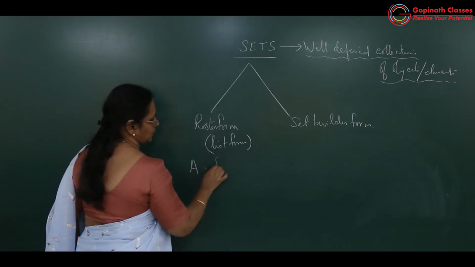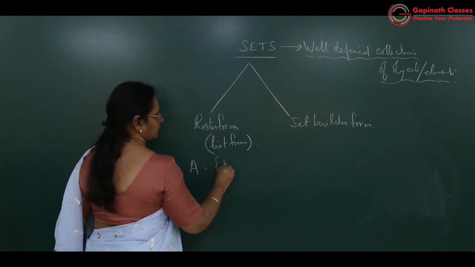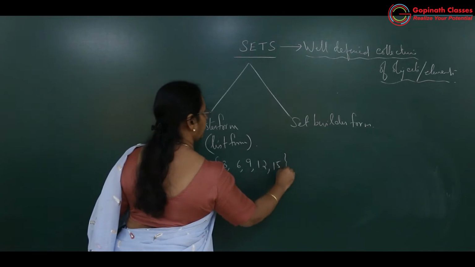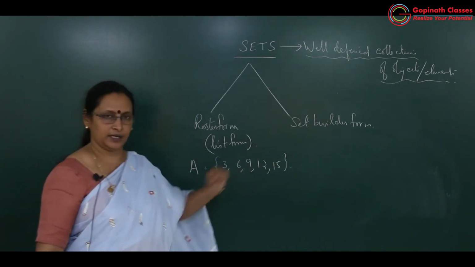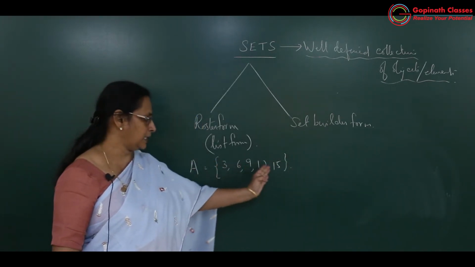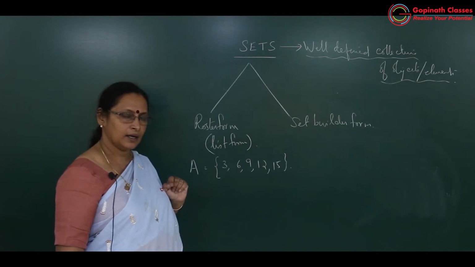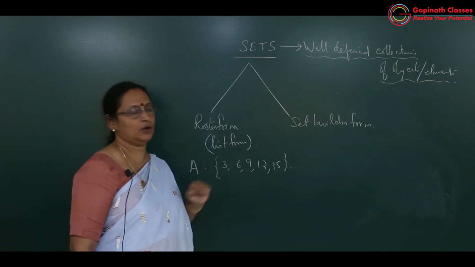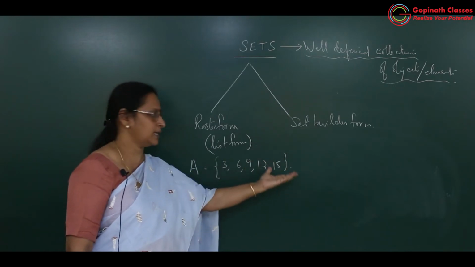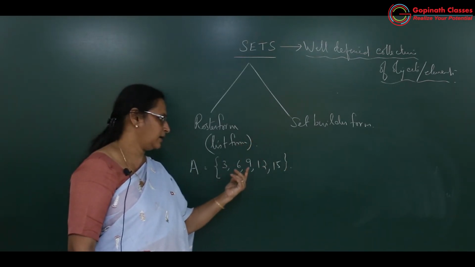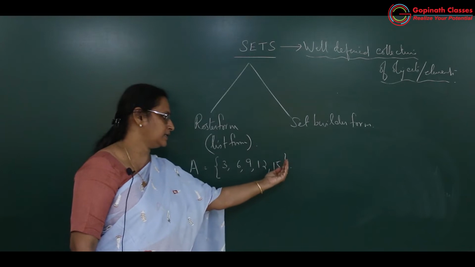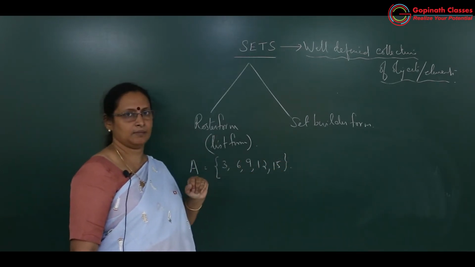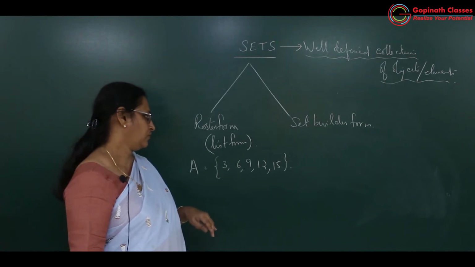Suppose A is equal to the set of 3, 6, 9, 12, 15. Very well defined. These are all multiples of 3 less than 16, or between 1 and 16.